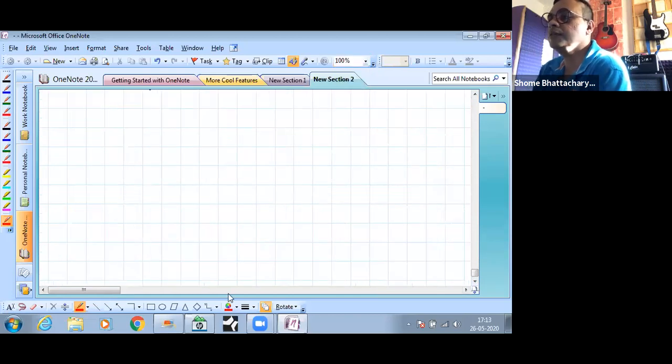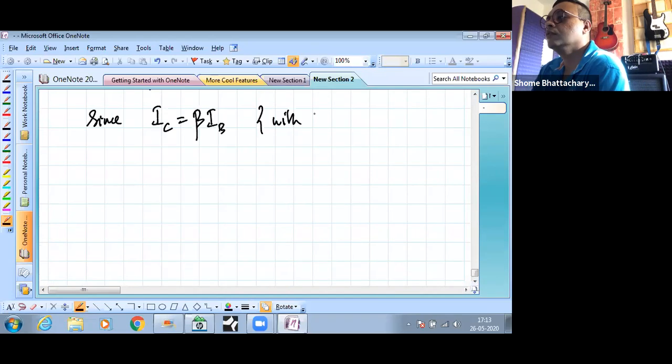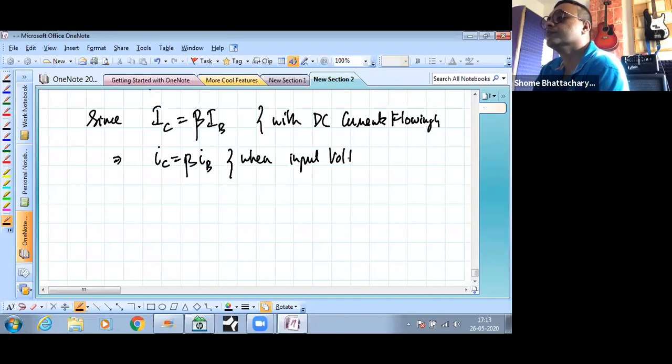Okay, so we can see here that since collector current in the DC stage was equal to beta times base current, okay, this is with DC currents flowing, this will hold true when the input voltage is connected across the base emitter junction.